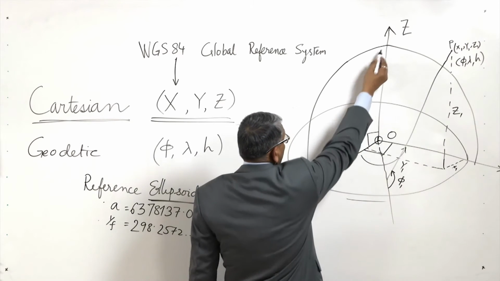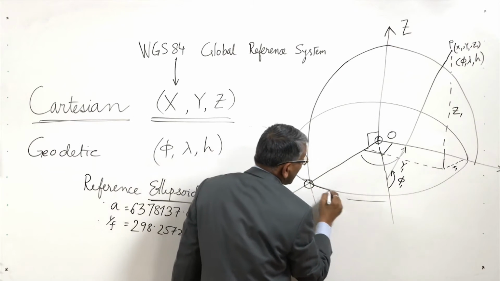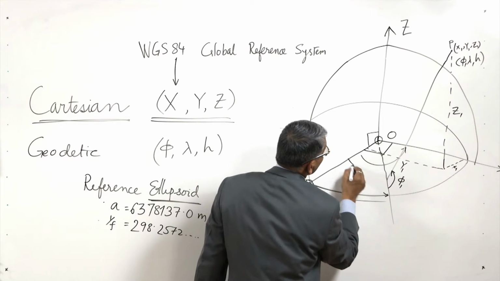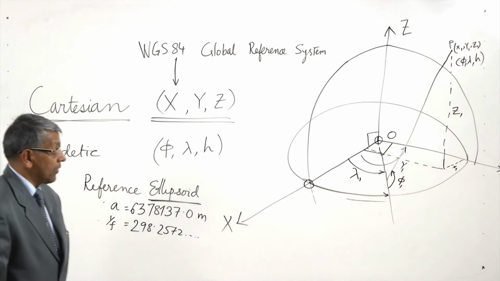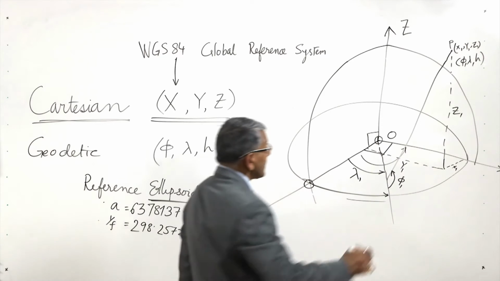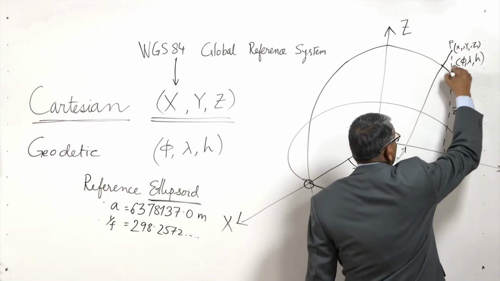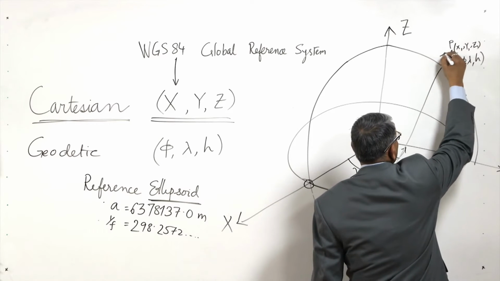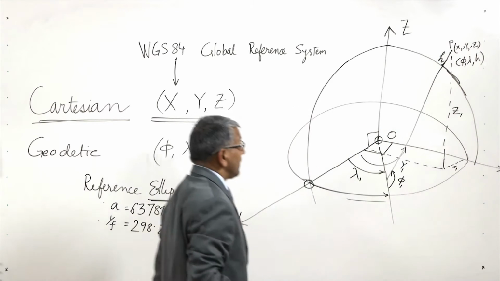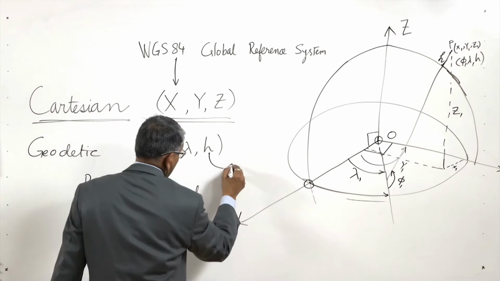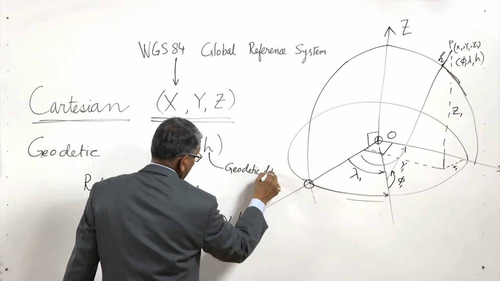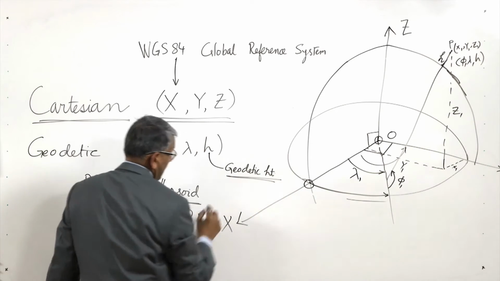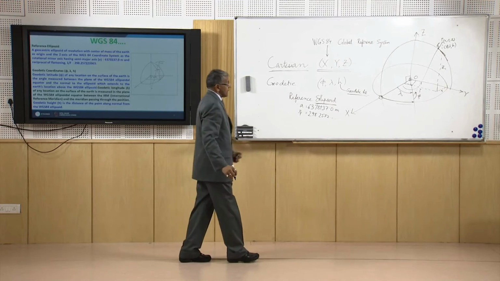And this is the reference meridian, that means this one is the longitude of the place or point. Since this is the reference ellipsoid, this is the height, and it is also called geodetic height, the height above the reference ellipsoid.